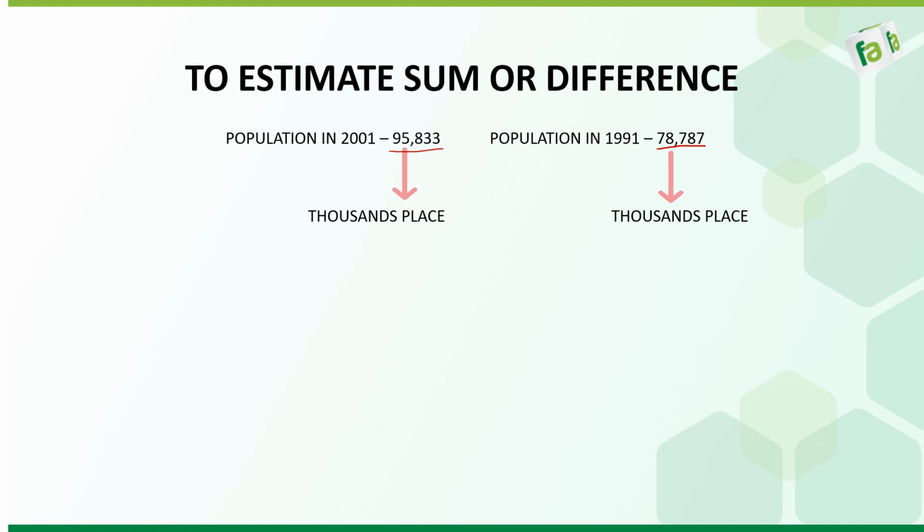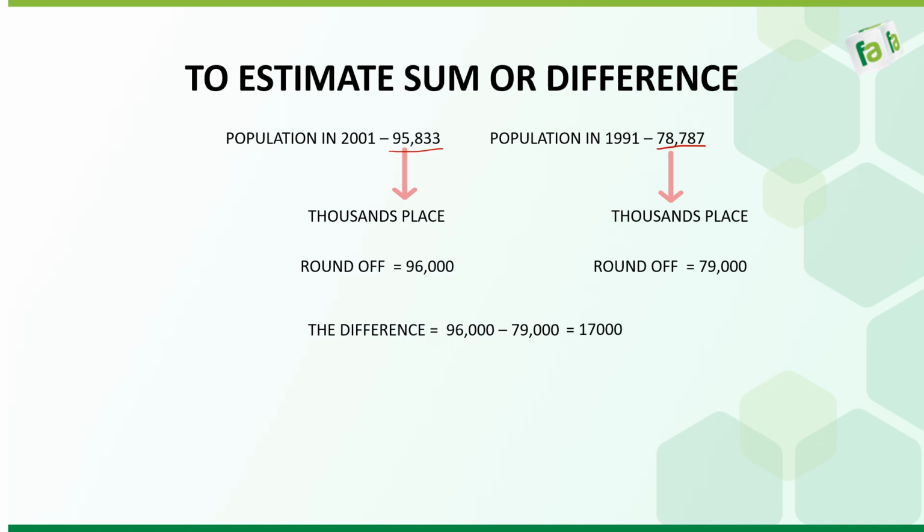So 78,787 is nearest to 79,000 and 95,833 is nearest to 96,000. Their difference would be 17,000.